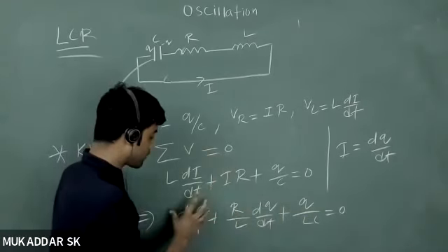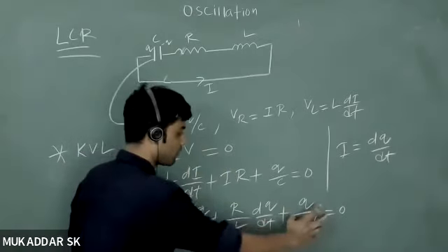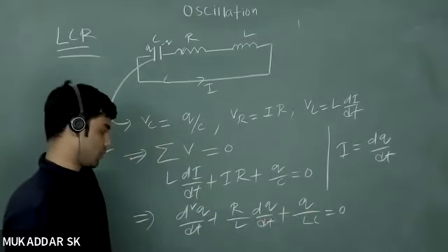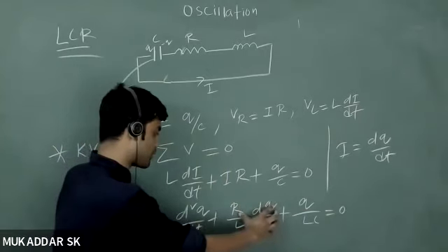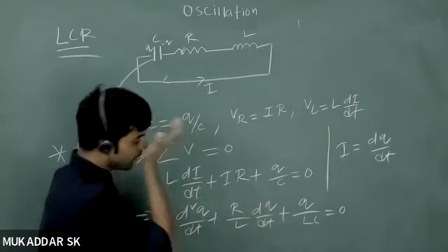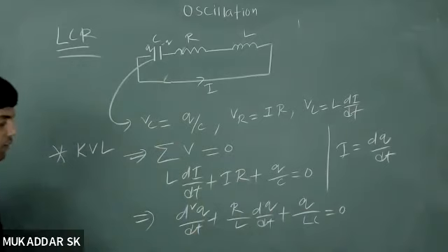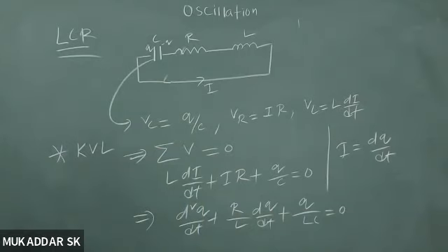If you have only d square q by dt square and the q term, then this will be simple harmonic motion. But due to the presence of this term, this will be a damped oscillator. Is this part clear, what I'm trying to say? Yes, sir. So the discharging of the LCR circuit is actually a damped oscillator.